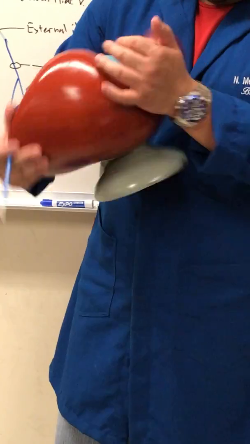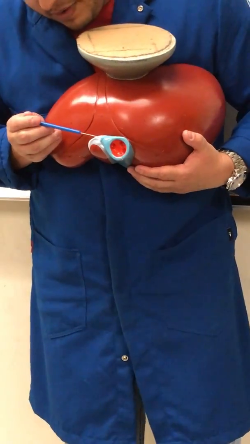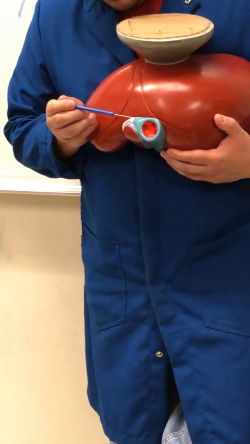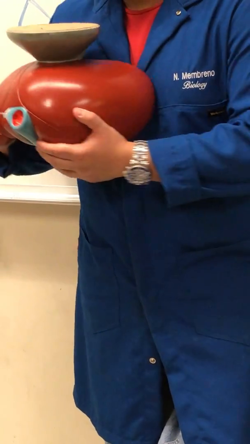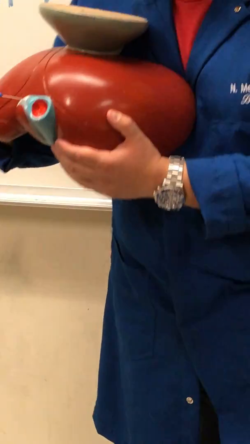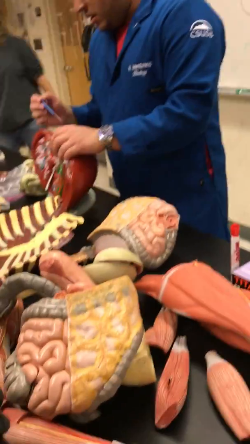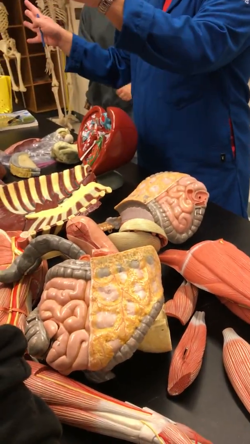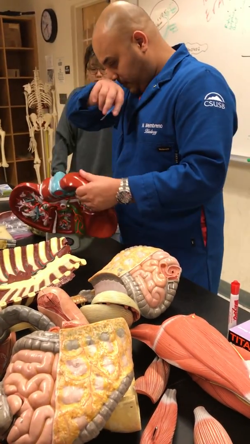Now, this model has a vein right here. What vein do you think this one is? Hepatic vein, which goes to the inferior vena cava. What's the difference with the hepatic? Well, common means that it's going to split, and this hepatic vein goes to the inferior vena cava.